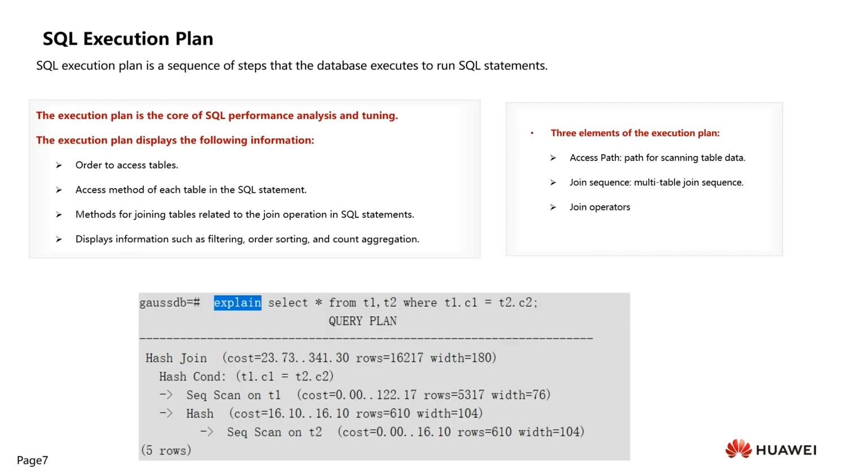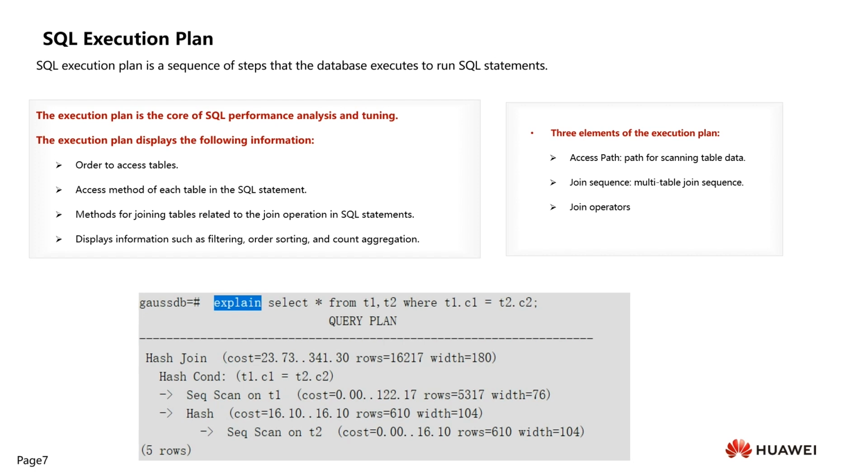So I guess enough of the statistics. In this slide, I will introduce the SQL execution plan. A SQL execution plan is a sequence of steps that the database executes to run a SQL statement. And the execution plan is the core of SQL performance analysis and tuning.